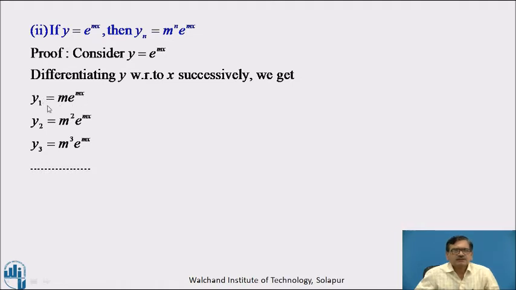Again differentiating with respect to x, we get the second derivative, y2, equal to m square into e raised to mx. Again differentiating y2 with respect to x, you get y3, the third derivative, equal to m raised to 3 into e raised to mx. And by generalization, we get yn equal to m raised to n into e raised to mx.